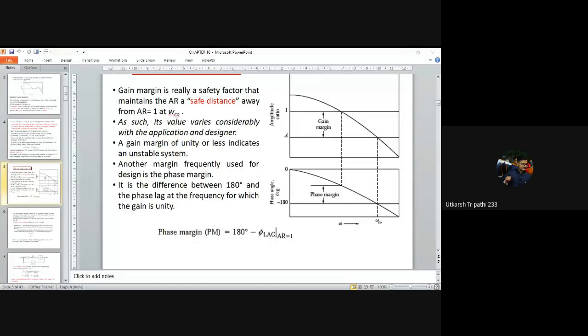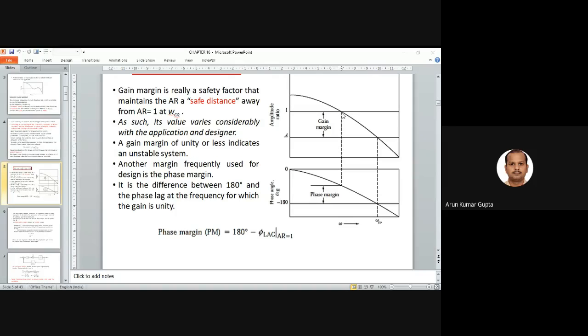Yes, sir. Okay. So here, as you can see, for the phase margin we first draw the line starting from the minus 180 phase angle, and that will give you the crossover frequency. At this crossover frequency, what is the amplitude ratio? We mark that point A, and the difference from AR equal to 1 to A is known as the gain margin.